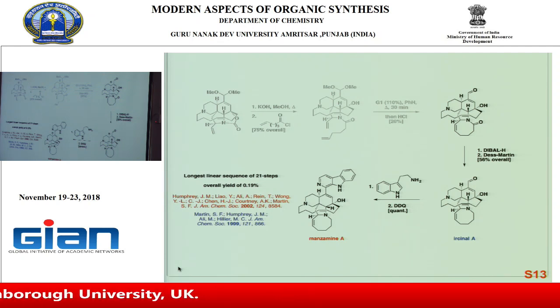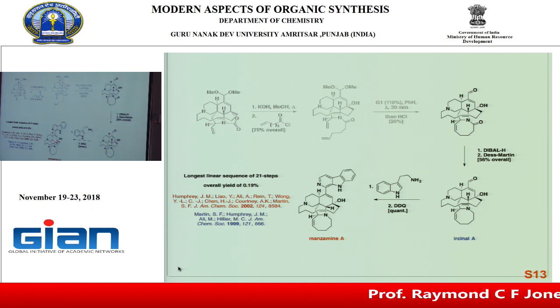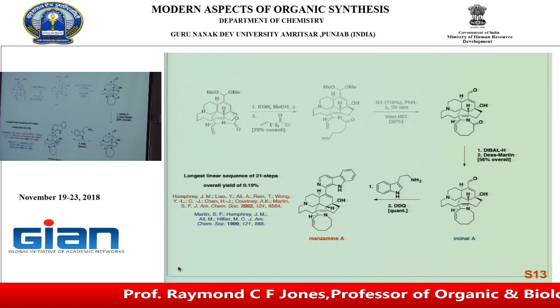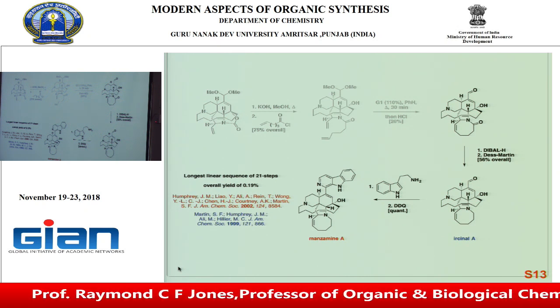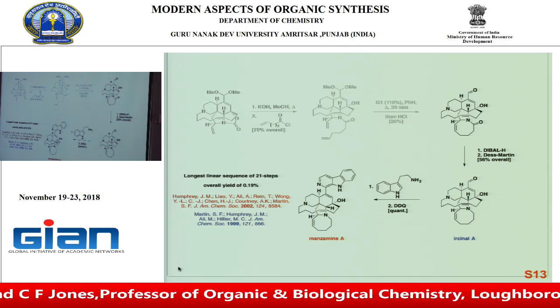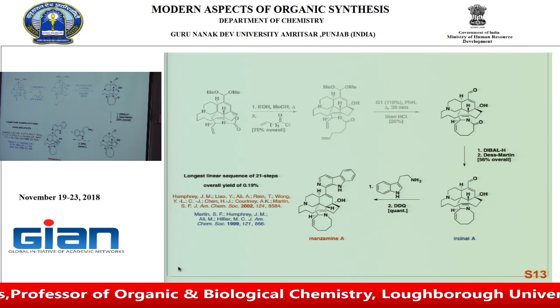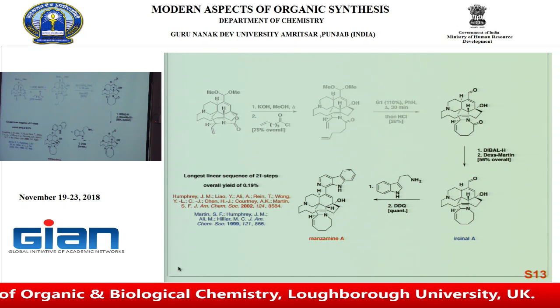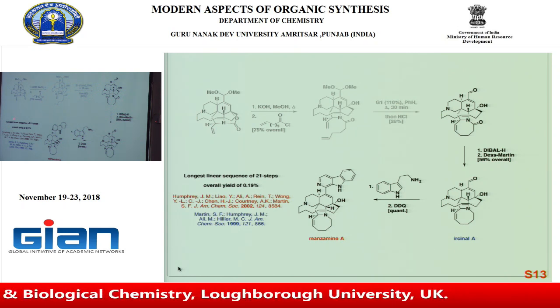The bits I wanted to focus on were the Stille reaction to set up the Diels-Alder that made this 6-membered ring here and here, and then the 2 ring closing metatheses, which are the difficult bits because they're the larger rings. The rest is, if you like, fiddling around with the functionality to make sure that you get the right reactivities later on.